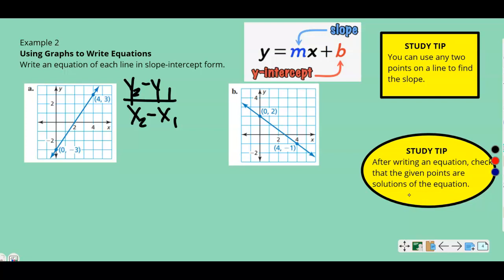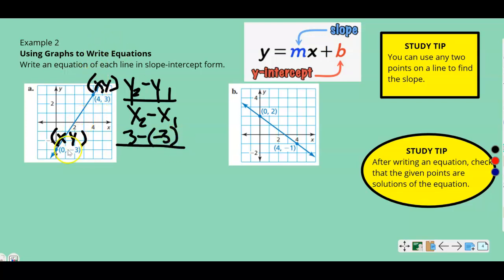All right, so remember your points are x and y values. This is x and this is y. Either point can be your first point or second point. It doesn't matter which one you start with. So let's do y minus y. I'm going to do 3 minus -3. And then I've got x.